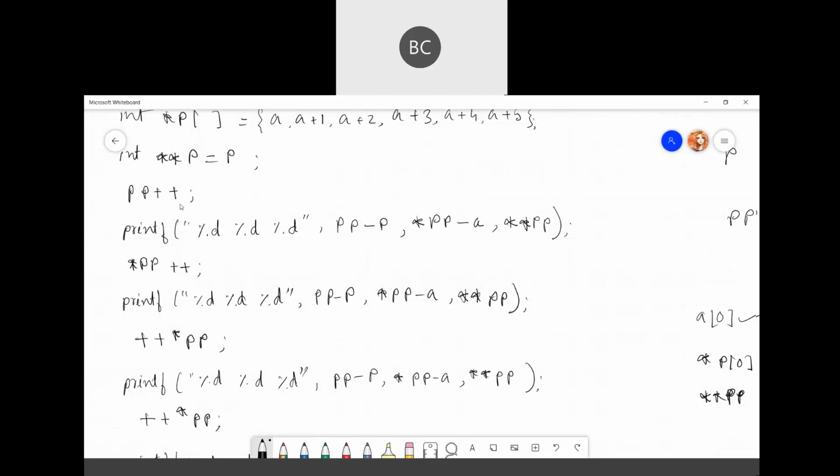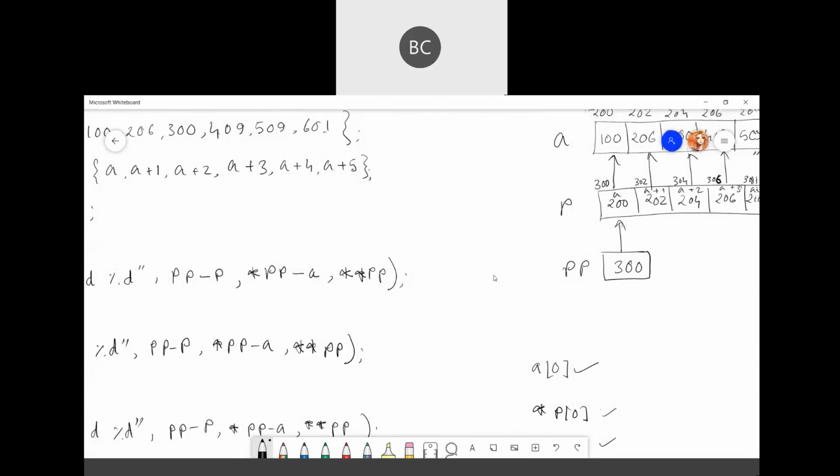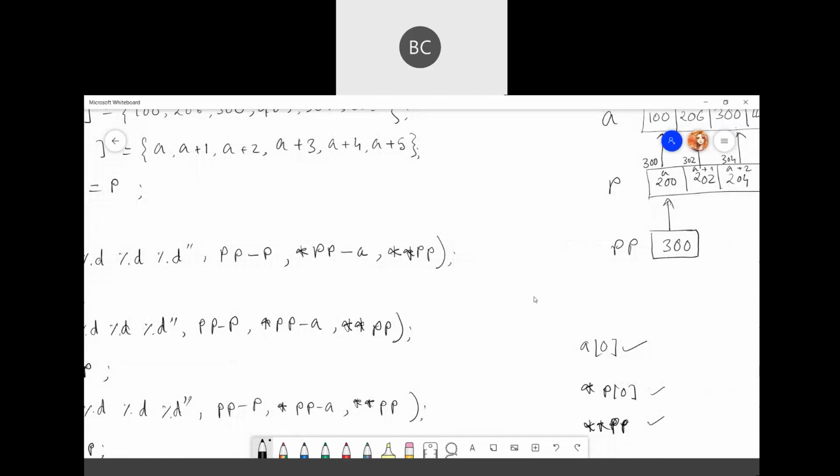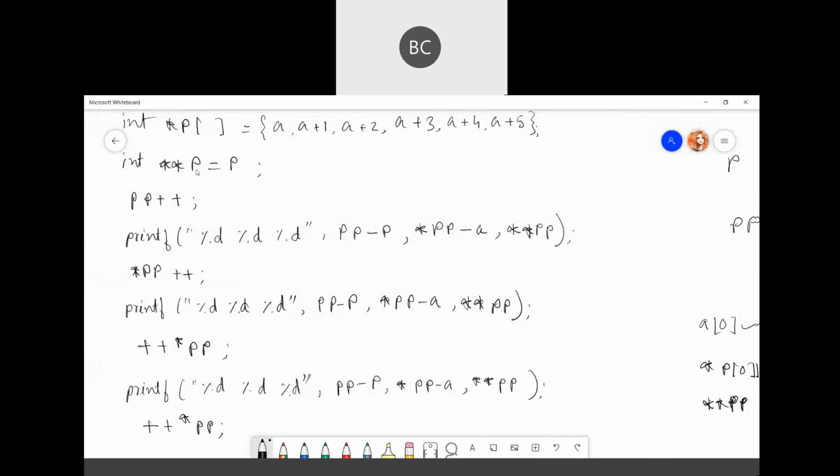So first see what it is trying to access. What's the pp value here? Remember, since it's integer type and I'm considering int size as 2, if pp is 300 here, then pp plus plus will be 302.